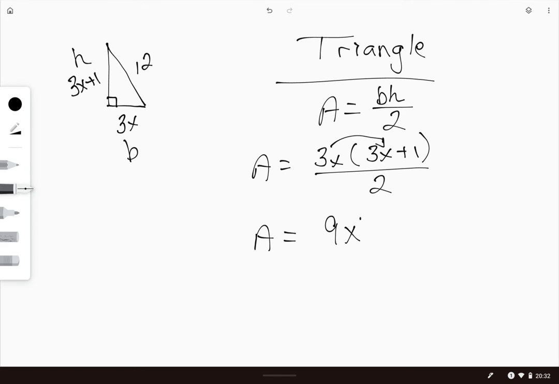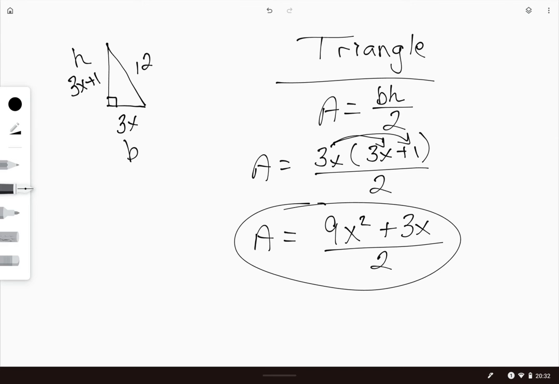Then I keep the base of x and add the exponents. So that's 9x squared plus 3x, and then all of that divided by 2. Now, because 2 does not divide evenly into 9 or 3, it is okay to express the area of this triangle as the polynomial 9x squared plus 3x divided by 2, because we do not know a value for the variable x. Okay, so this would be your correct answer in a situation such as this.